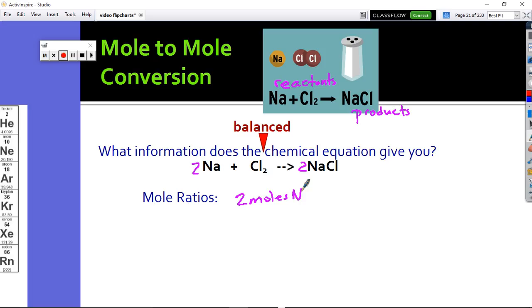of sodium, I could make 2 moles of sodium chloride. Now, this is a ratio, so you could also have 1 mole of sodium making 1 mole of sodium chloride. That's the same ratio.